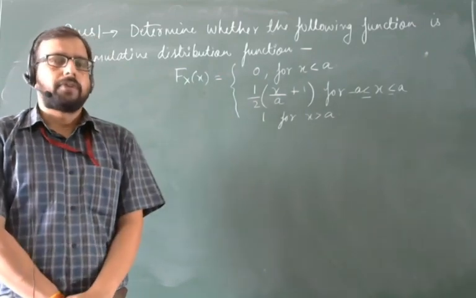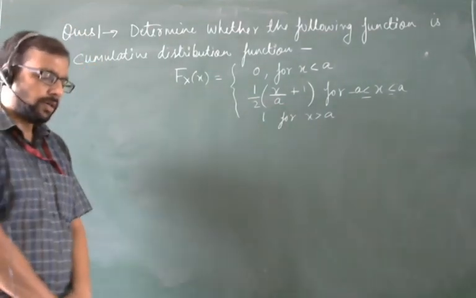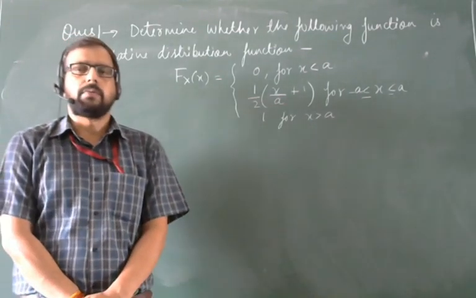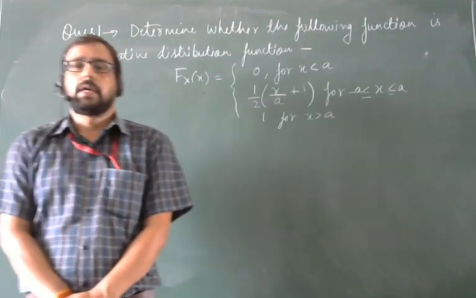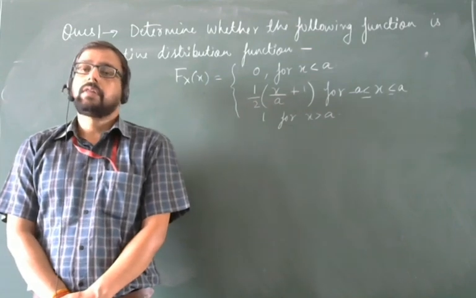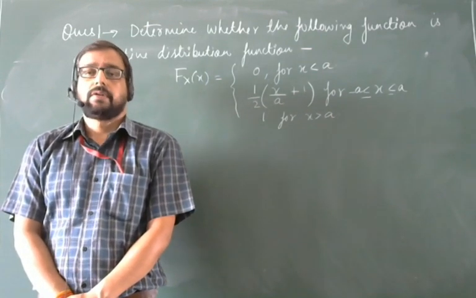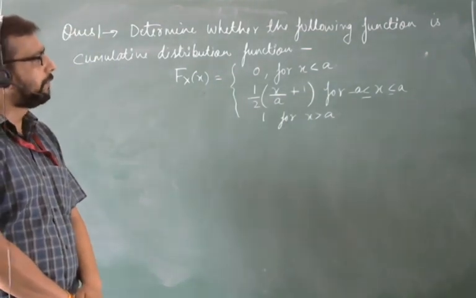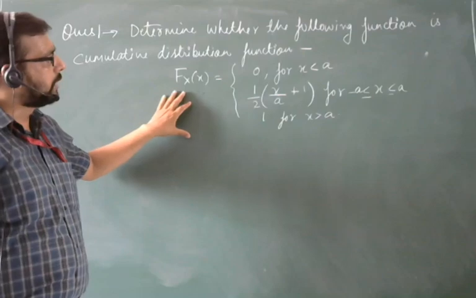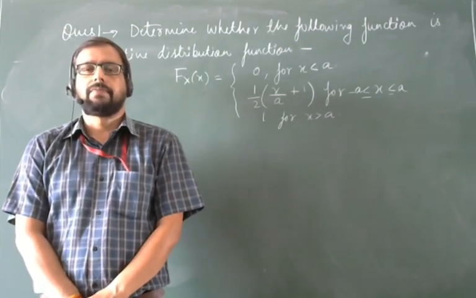Okay, for that we have to discuss one more quantity, the probability density function. We have already discussed the relation between the probability density function and the cumulative distribution function. Now in this numerical, first of all relate this cumulative distribution function in terms of the PDF, that is the probability density function.